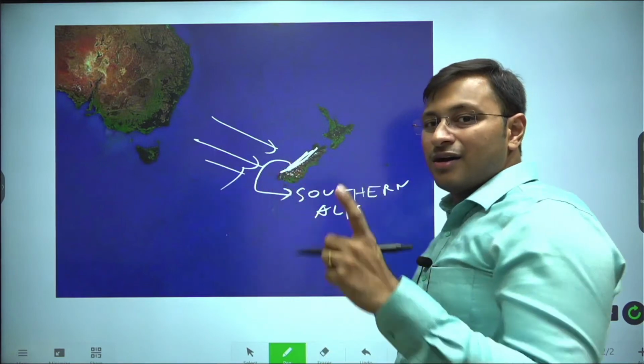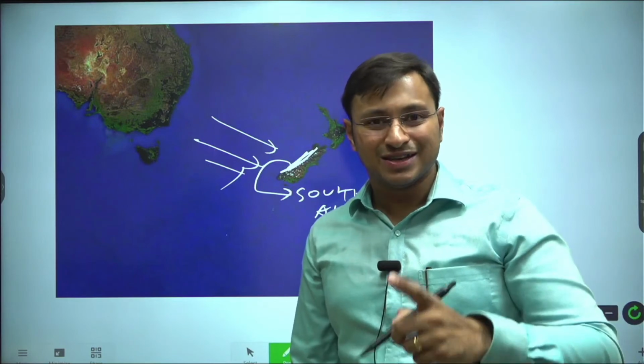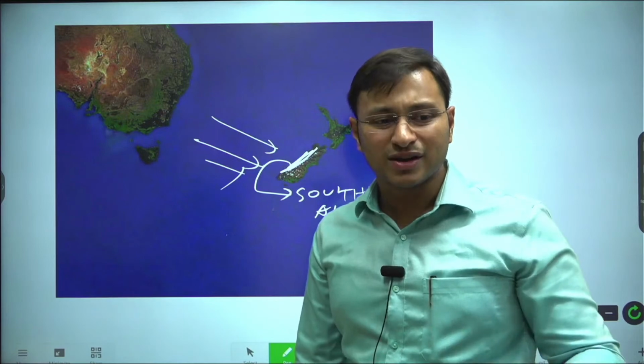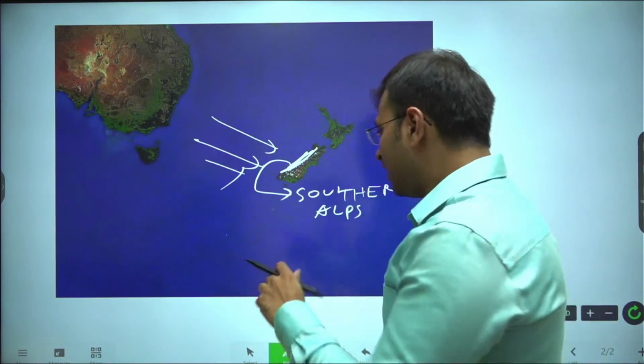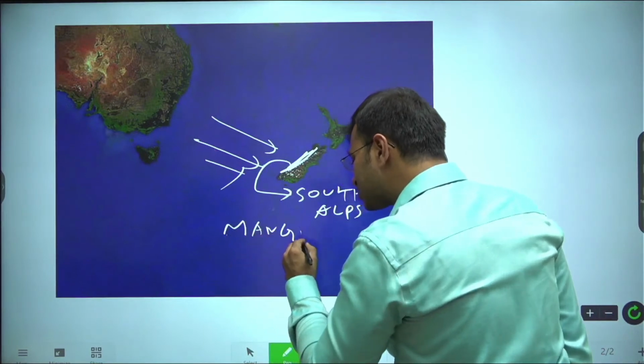And New Zealand is one of the coastal areas in the temperate regions where you will have what? You will have mangroves. This is very, very astonishing, guys.